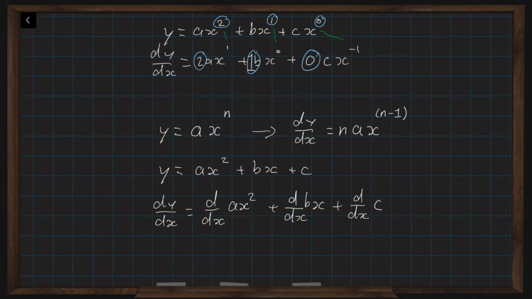And it becomes very clear that if there's no x component in what you are taking the derivative of with respect to x, that becomes equal to 0.